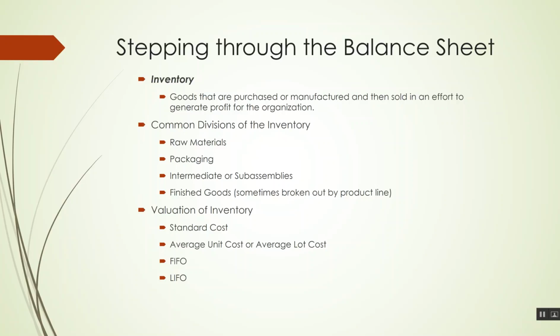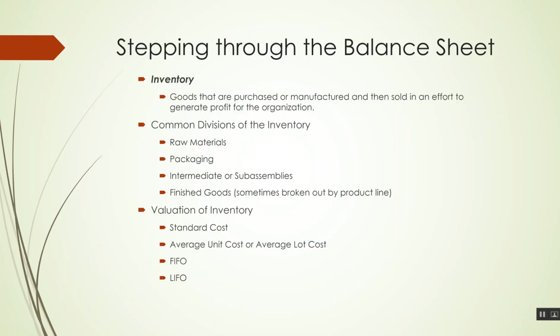These are any goods that are purchased and then consumed in the manufacturing process in the effort to manufacture intermediate or finished goods. Oftentimes you'll have a packaging account, which captures all the boxes, packing peanuts, bubble wrap, anything that goes into packaging the goods and preparing them for shipment.